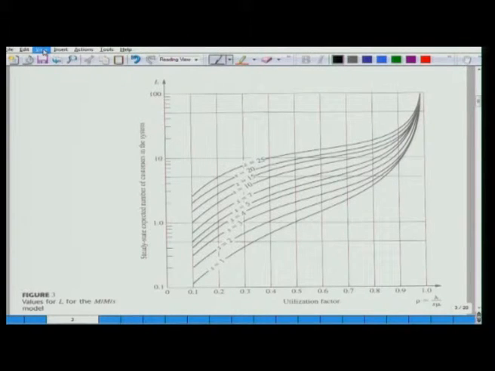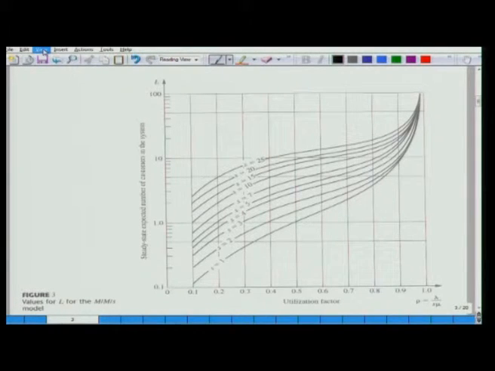So, for different values you can just plot and see what the number is. For example, for 0.5, the number of people in the system will again be around 11 or something for s equal to 25. But if you have only s equal to 1 and 0.5, then you expect only 1 person to be in the system.